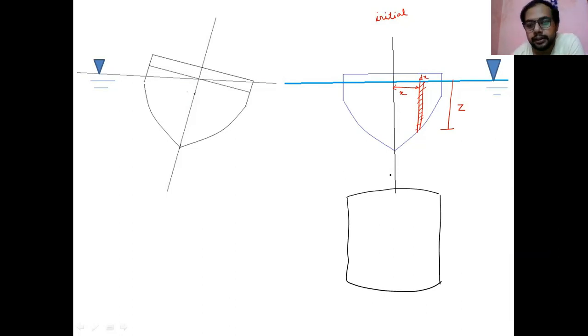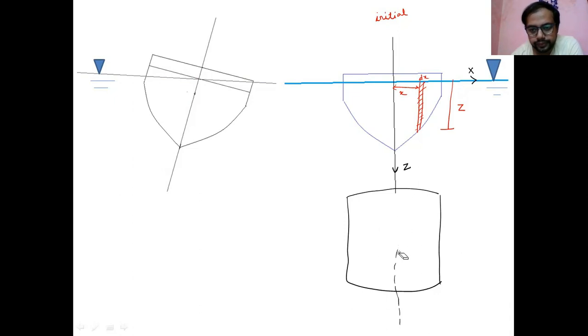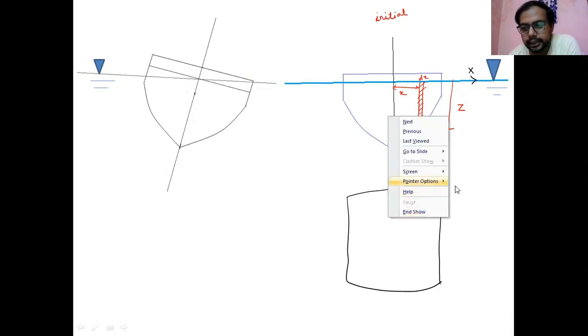This is the Z direction, and this direction is the x direction. And it's a plan view. Okay, redraw this thing.